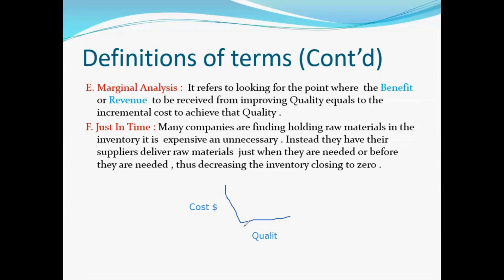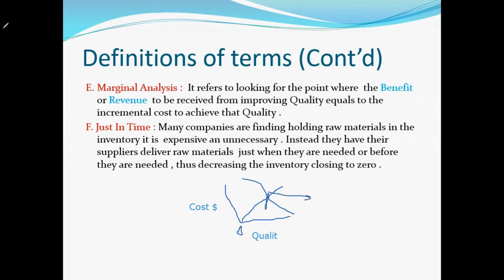So here is the marginal analysis. It says that at the zero point, I'm investing, and my quality on the other side is going up the more I invest. But I will not keep on investing until I go nowhere. I should stop at a point right here, which we call the marginal analysis.